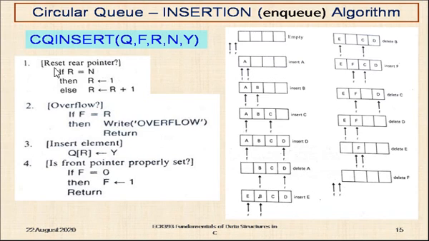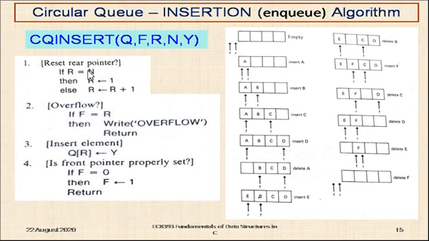Let us check it. If r is equal to n, no. Then r is equal to r plus 1. So now you see, r is equal to 4, n is equal to 4. So the condition is satisfied. Yes, fine. R is 4, n is 4.